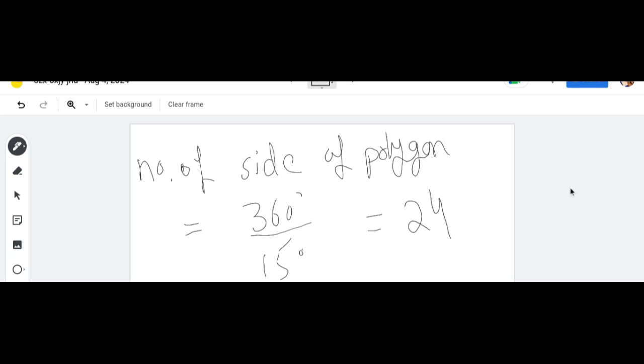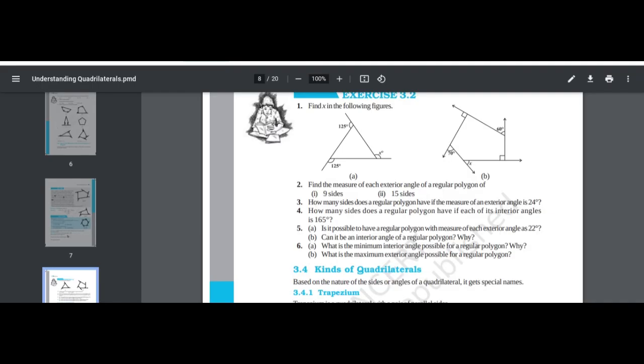Okay, question number 3: is it possible to have a regular polygon with the measure of each exterior angle as 22? The sum of all the exterior angles of a polygon is 360. Also, in a regular polygon, each exterior angle has the same measure. Hence, if 360 is a perfect multiple of the given exterior angle, then the polygon is possible.